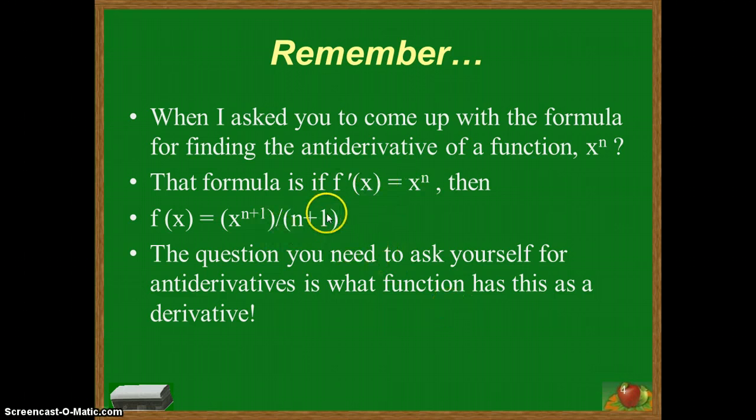That would be the antiderivative of this function x to the n. So you're just doing the opposite of taking the derivative. The question you always need to ask yourself for antiderivatives is what function has this, meaning the antiderivative, as a derivative. And you can always check yourself by taking the derivative of your answer, which should get you back to the original problem.